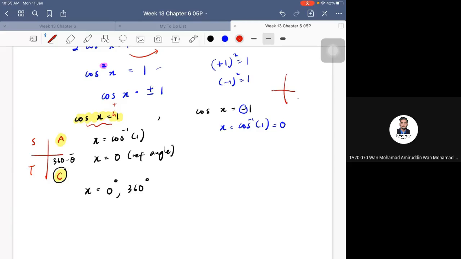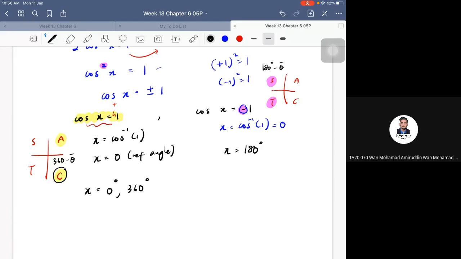Tapi sekarang, bila kita tengok what is going to be the value of the angle, so kita akan refer bila mana cos adalah negatif in the particular quadrant. So cos ni dia negatif in the second and also the third quadrant. So what happen is that kalau kita punya angle tu di dalam second quadrant, so kita akan ambil 180 tolak reference angle. For this case, sebab dia 180 tolak kosong, so nilai dia akan jadi 180.